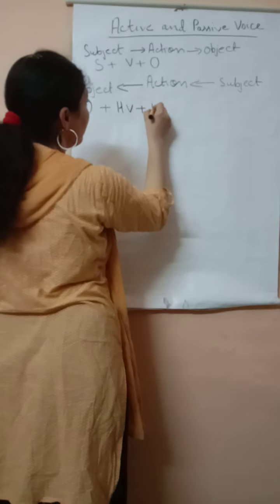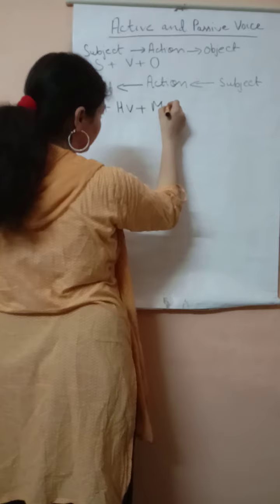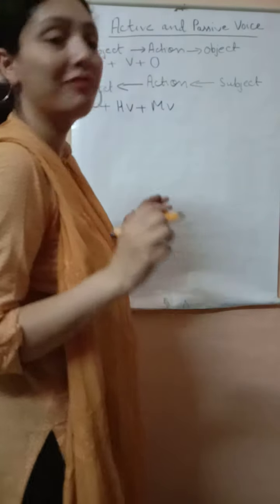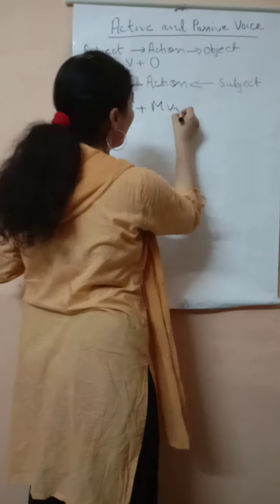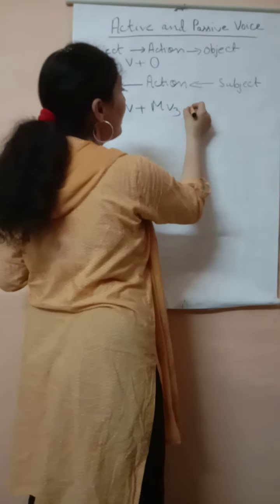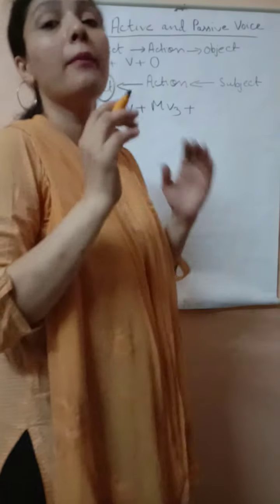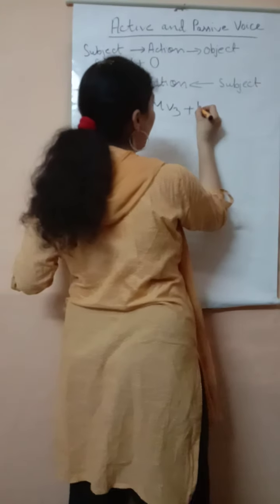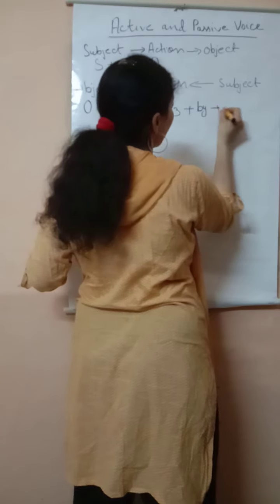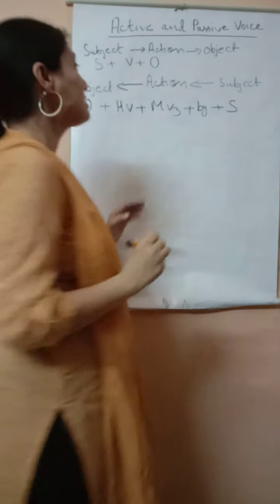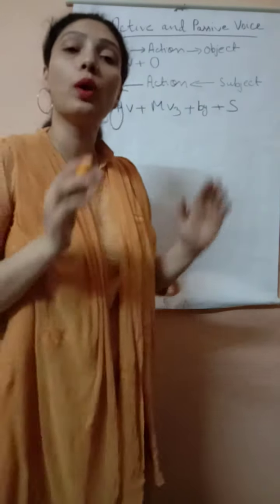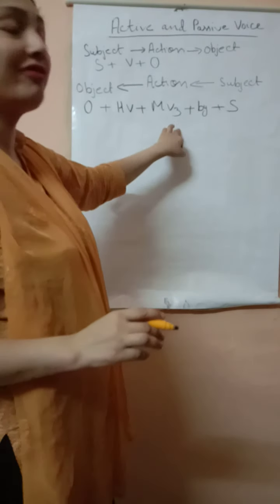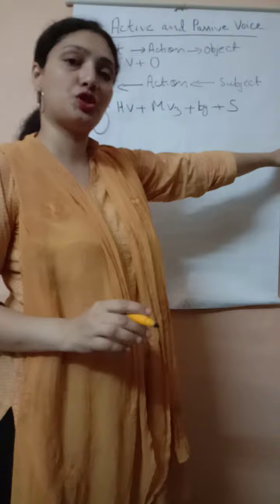Then we write our main verb in its third form. Then we add a preposition by before our subject. By, then we write our subject. So this is the structure for passive voice sentences: object, helping verb, main verb third form, by, and subject.